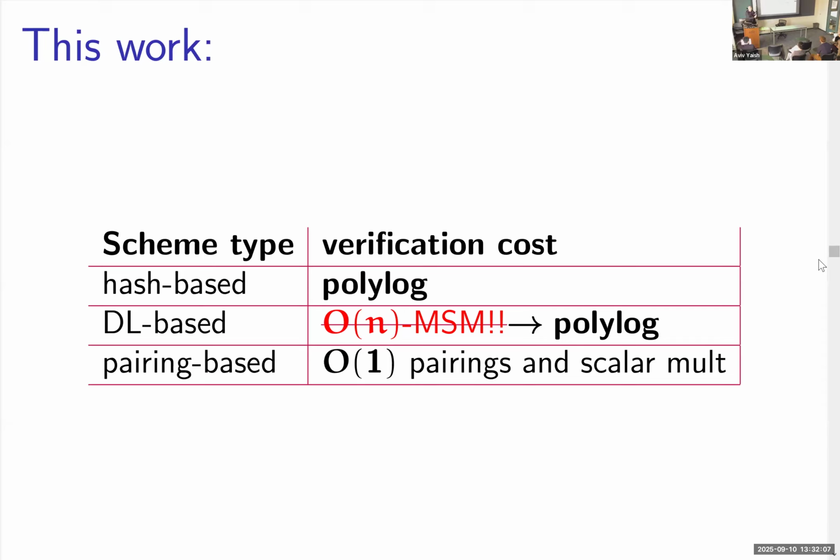There's this desire to use what's called a cycle of curves. In this cycle, your main curve is pairing-friendly, but your second curve is not. To recurse on the pairing-friendly curve, you do need to operate on the system that is DL-based.